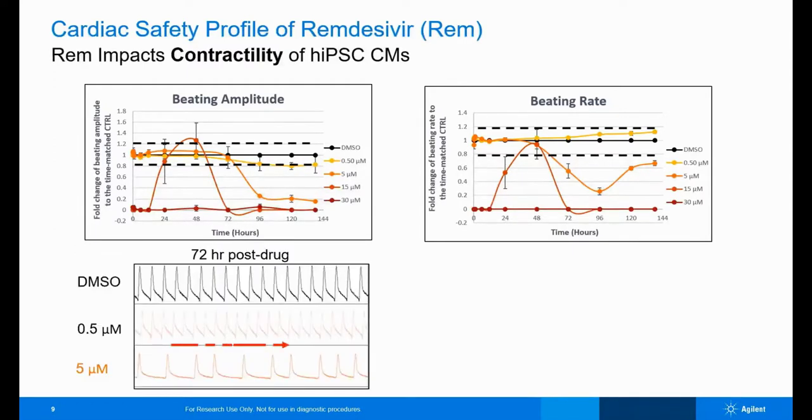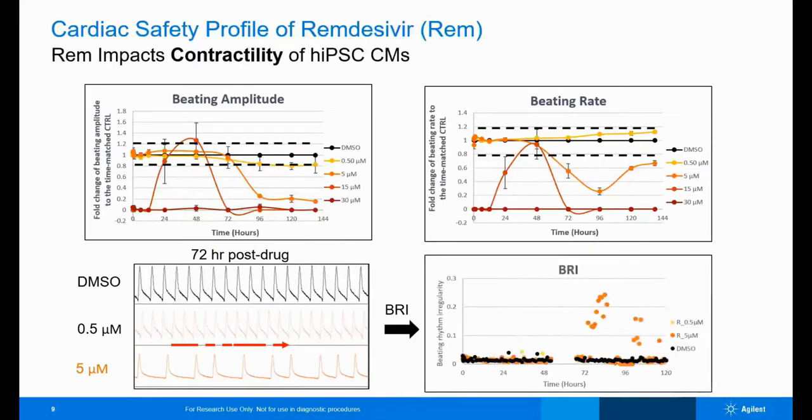As shown in this 30 seconds contractile activity, it clearly shows that 5 micromolar causes irregular beating rhythm. So in order to detect this type of event automatically and mathematically, the BRI, beating rhythm irregularity, is introduced to the software. The BRI is defined as the coefficient of variation of beating period of each individual beat within this measurement.